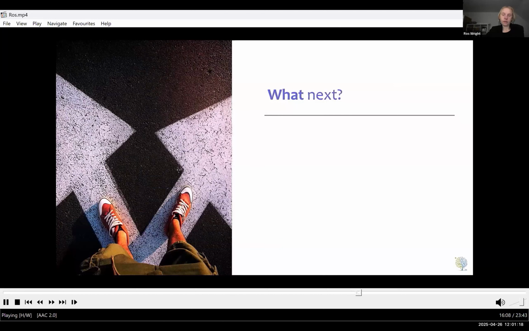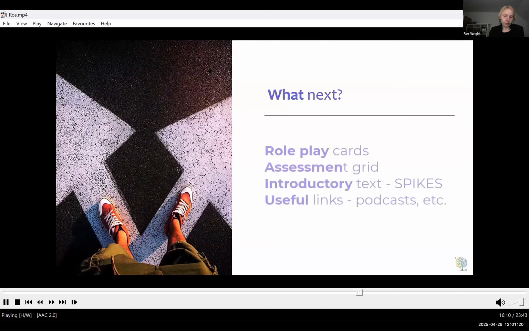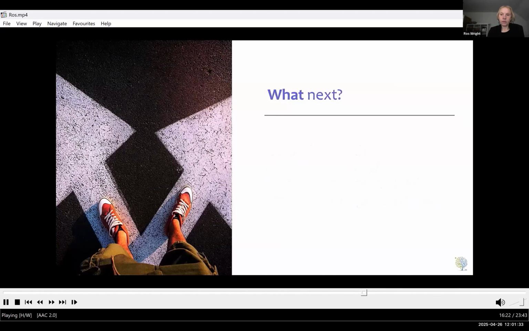I'd come out with some useful resources: the roleplay cards, the assessment grid, and a great introductory text about the Spikes model. I'd also come across some useful links to podcasts and videos that I wasn't familiar with myself. As I mentioned earlier, the problem seemed to be the initial prompts that had resulted in the focus being on the 20 key words.